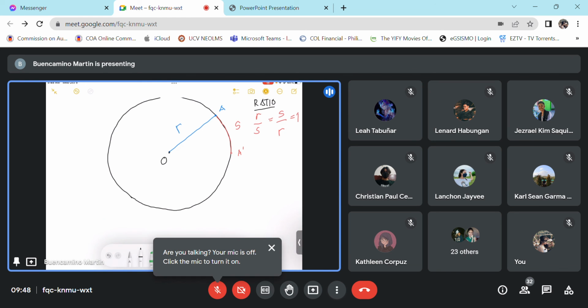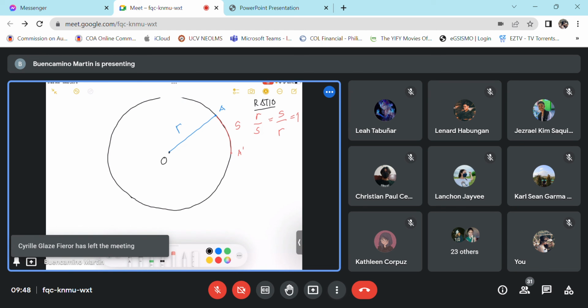And being a ratio, technically speaking, dapat wala siyang unit. But you know, class, past mathematicians gave a name for this, and they call this radian, or one radian. So yan ang isang property ng radian.